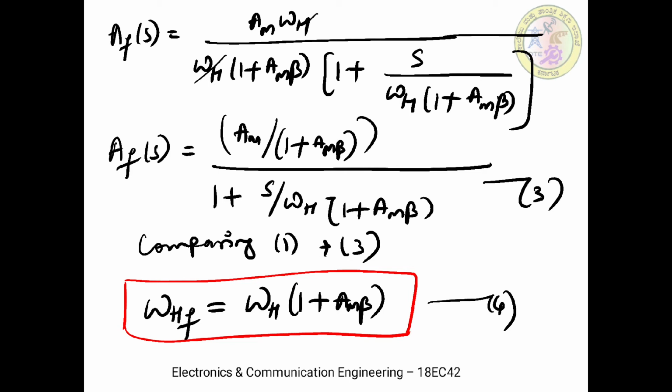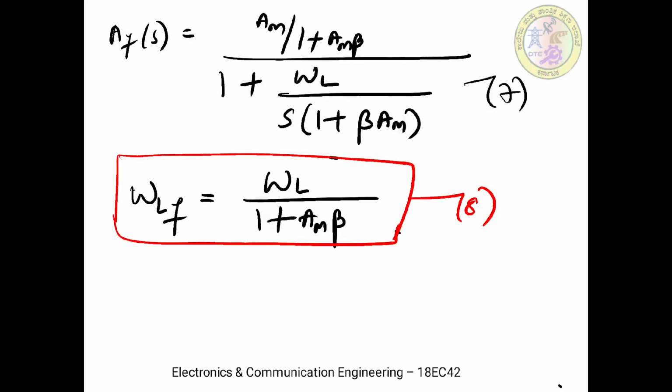It means the higher 3 dB frequency is increased by a factor 1 plus Am into beta, whereas the omega LF, the lower 3 dB, is reduced now, because omega L is divided by the feedback term 1 plus Am into beta. So omega H is increased by 1 plus Am beta, whereas omega L is decreased by the same amount 1 plus Am into beta.